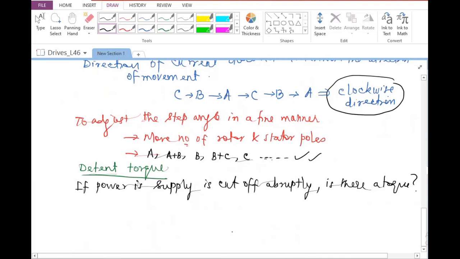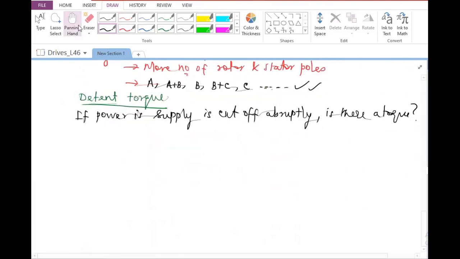If detent torque is not there, you cannot ensure that the robotic arm or anything else comes to a halt in a predetermined position. One more thing I would like to say is the stepper motor, especially the variable reluctance stepper motor, will be of very limited rating.